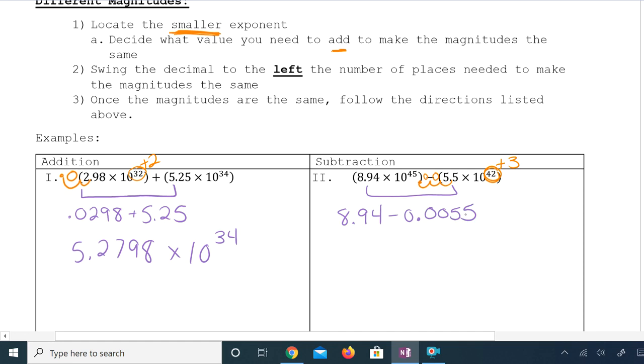And so when I do that, we get 8.9345 times 10 to the 45th power, since that was the magnitude that we were trying to get to be the same in the very beginning.